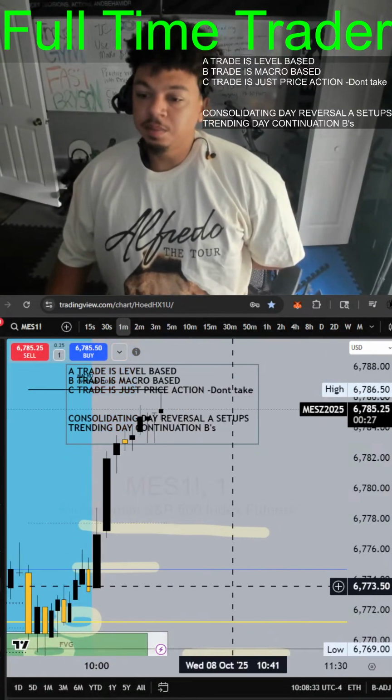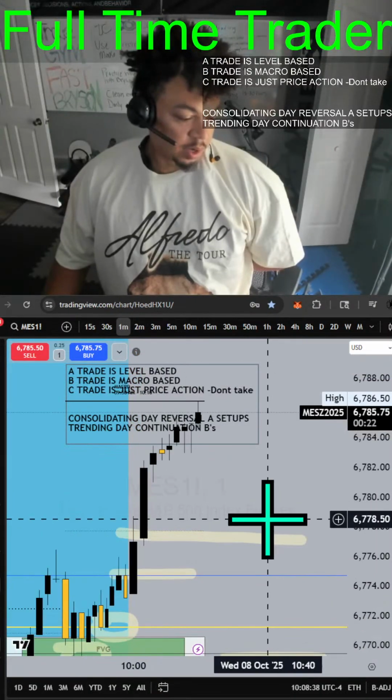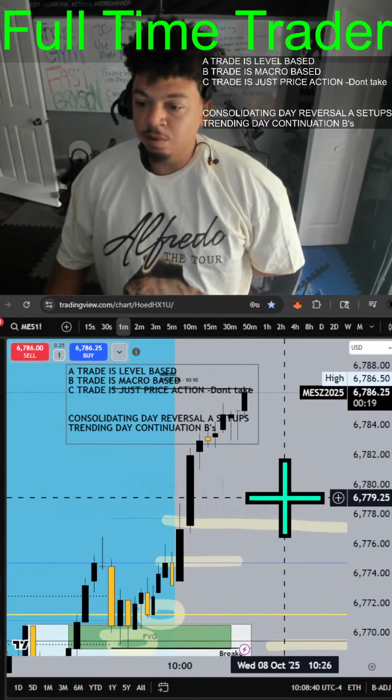Today may end up being a no trade day if we don't get a setup that's presented, and that's okay. But essentially, I've already labeled what we're looking at.